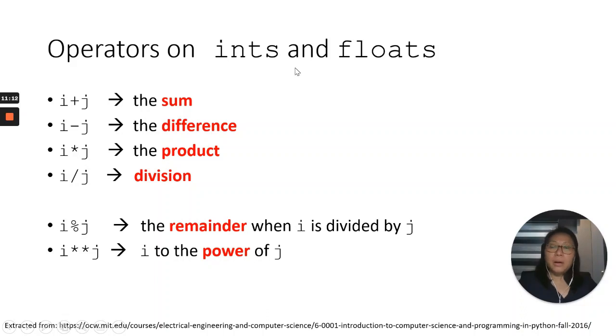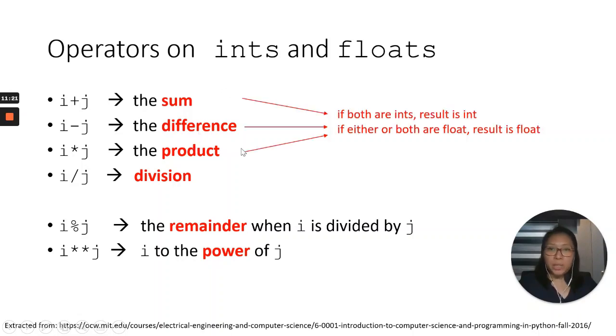Here are some operators on ints and floats. We have addition, subtraction, and multiplication. For these three, if both operands are integers, the result is an integer. If either or both operands are float, the result will be a float.